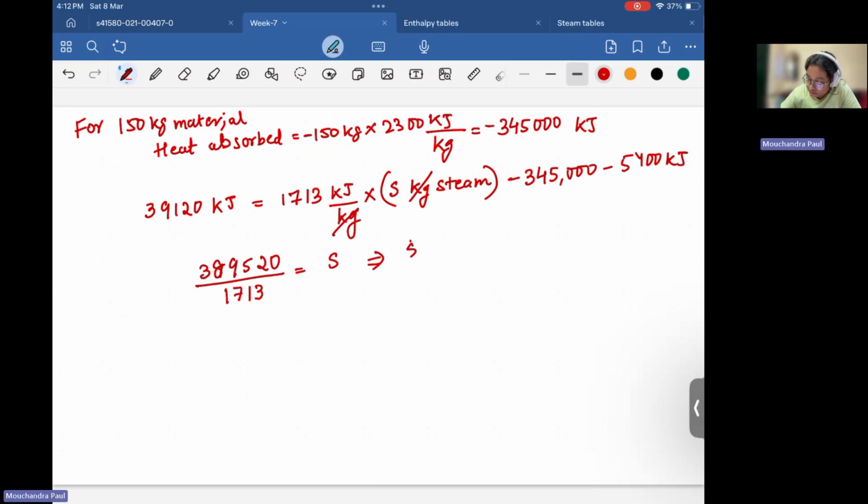So you are getting S as 227 kg of steam.